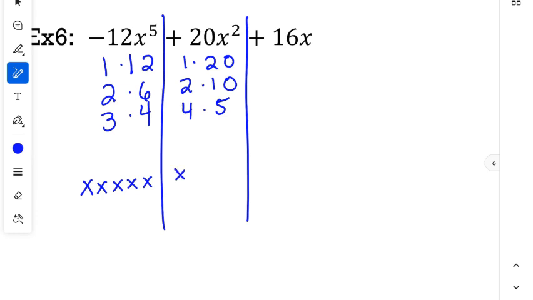Some of these numbers we've already done. All of them. I don't think we've done 12. No? But not a big deal, right? I did it in my head.